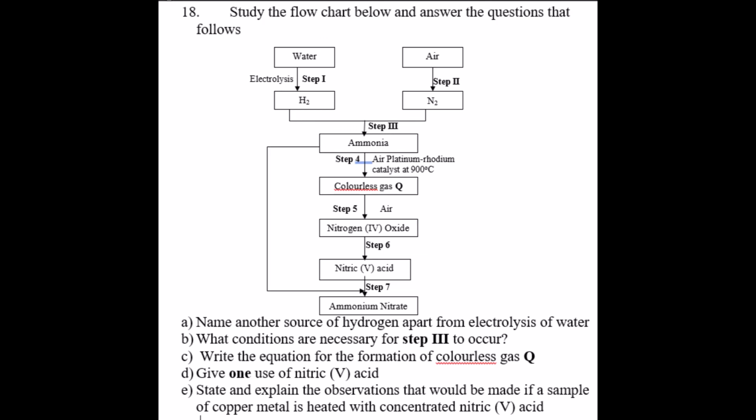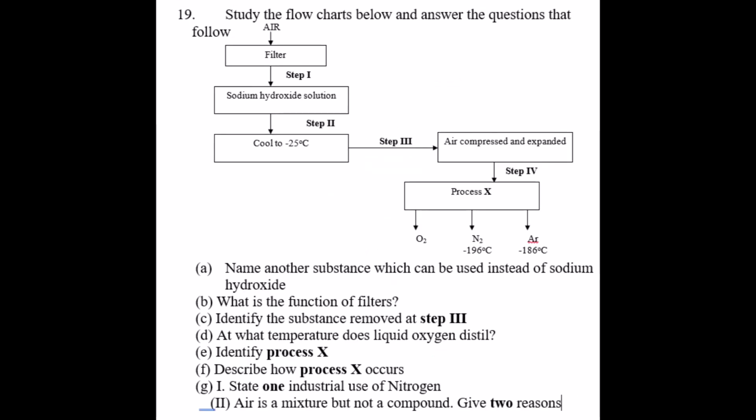So there's Haber process, qualitative analysis, preparation of a certain gas, nitrogen oxide, nitric acid is produced. So a salt, ammonium nitrate. A very nice flow chart there, covering quite a number of areas. So of course you go ahead and answer the question. Name another source of hydrogen apart from electrolysis, and so on, all the way to part E.